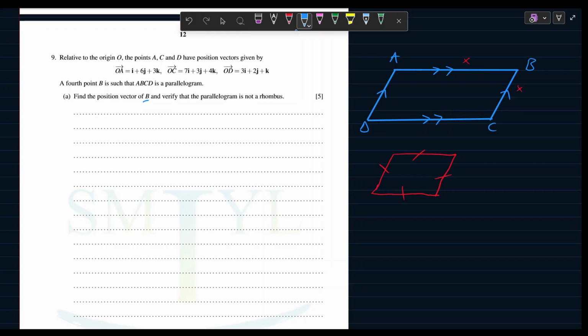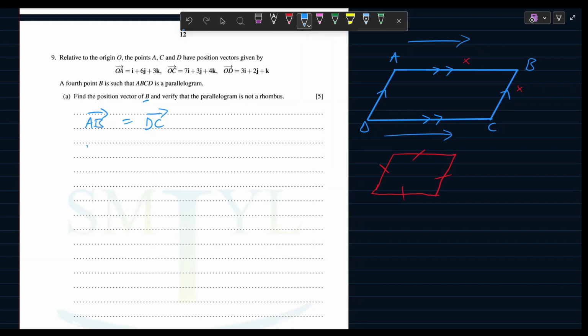Alright, the way we can do that is looking at our diagram here. The vector AB, right, going this way, should be the same as the vector DC. So AB should be the same as DC. Okay. And we can rewrite our displacement vectors in terms of their position vectors.